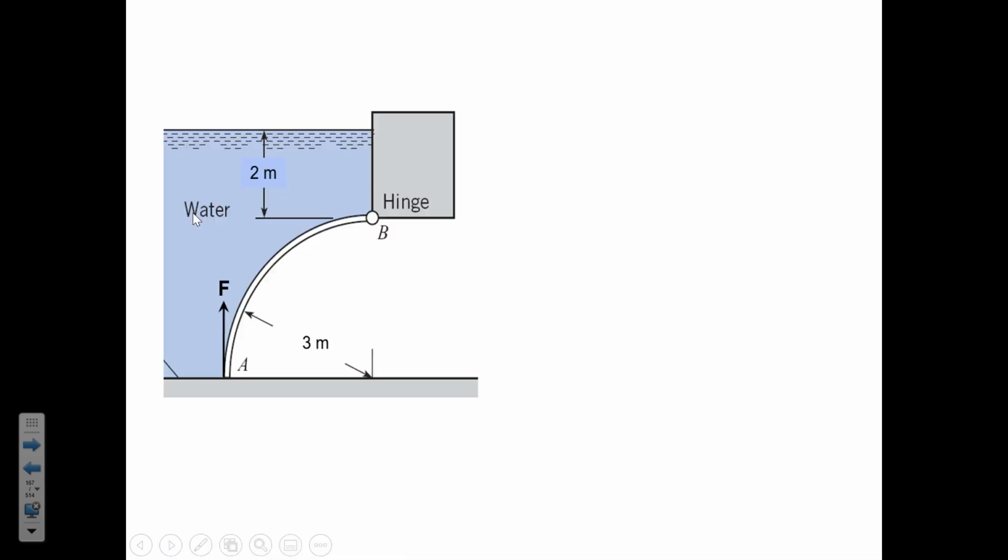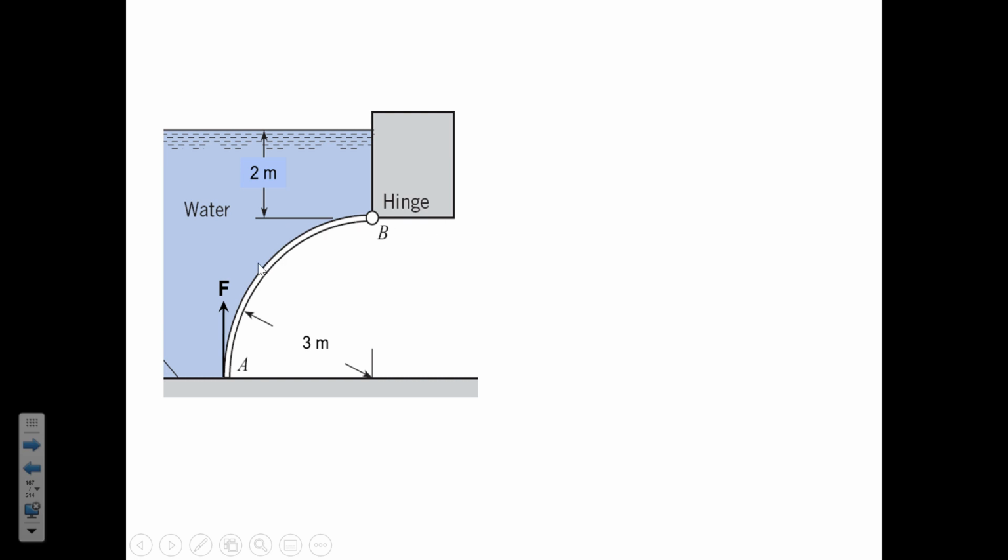All right. So this is the one we did last time in the recorded lecture on Tuesday. This is the shape. And the key to the horizontal forces, the force that's acting on the side of the gate, is that you have to think about what the vertical projection is.